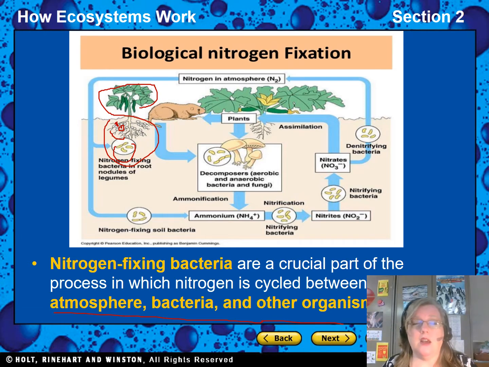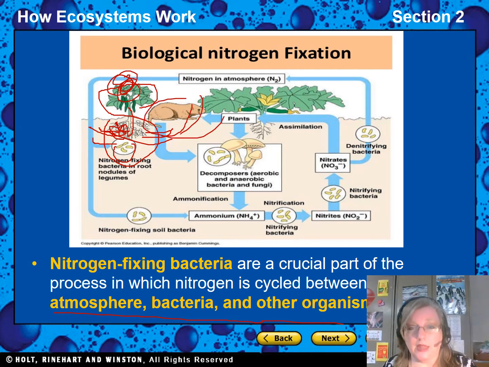Once they take the sugar that the plants have made, they process the sugar, and then they're going to release nitrates. The plant can use it, so anything that eats the plant now can get hold of it. They will put their extra out in the soil. If they make extra nitrates, it goes in the soil, and then the next plant that grows out of the soil can use it, and then something can eat that.